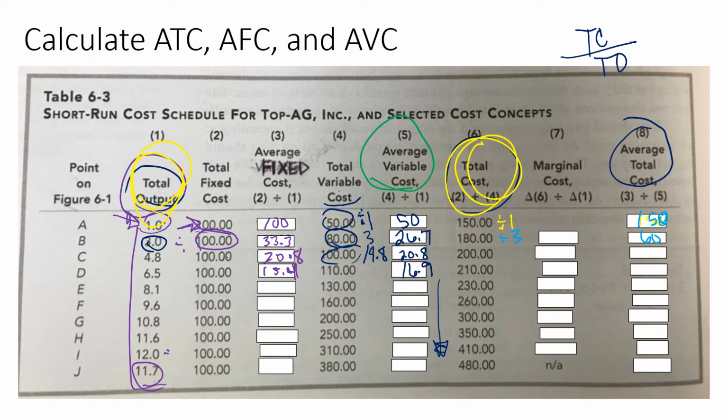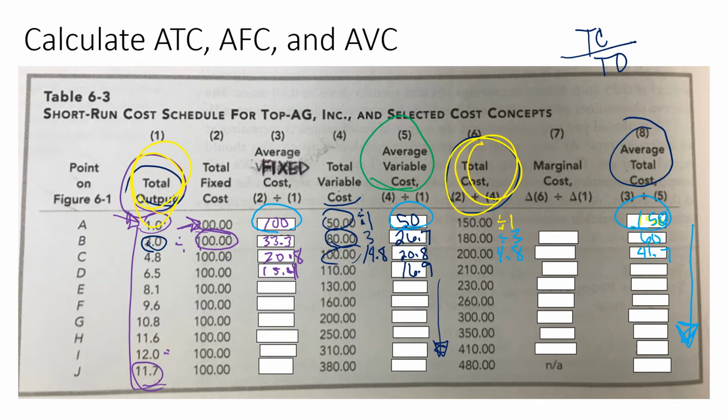And let's do one more. We have 200 divided by 4.8. It's going to be 41.7. Okay, so go ahead and calculate the rest of those, but we can also see that our average fixed cost plus our average variable cost is going to equal our average total cost.